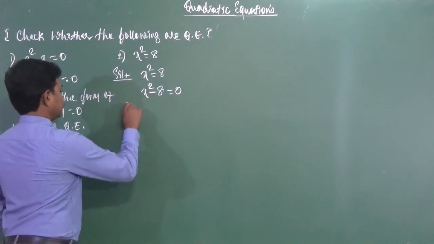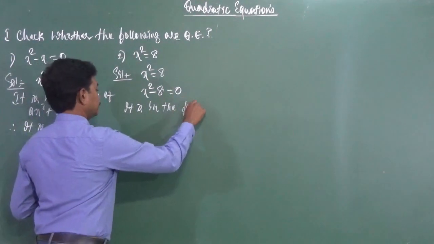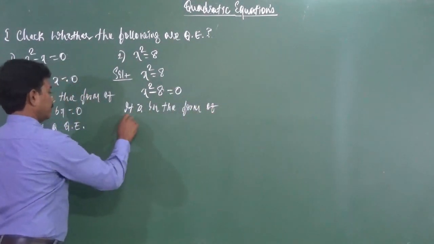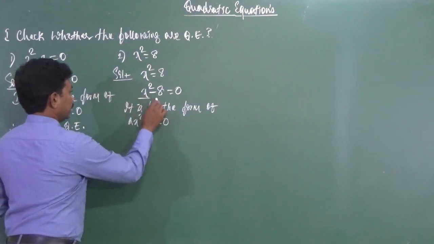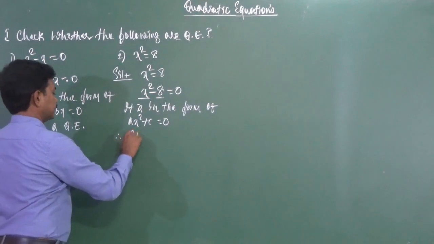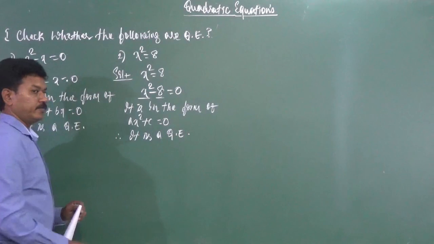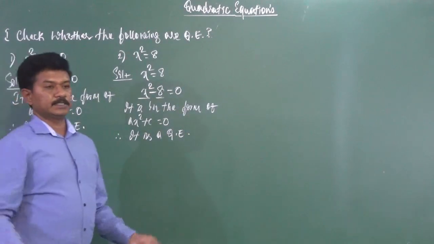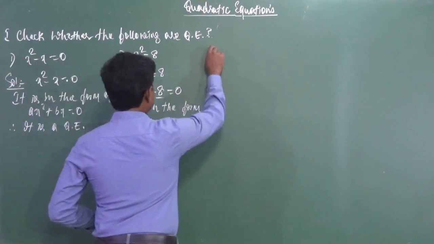So it is in the form of ax square plus c is equal to 0. This is ax square and this is c. C is not equal to 0, therefore it is a quadratic equation. If you want to mention it particularly, you can mention it as a pure quadratic equation. Let us get into the third problem.